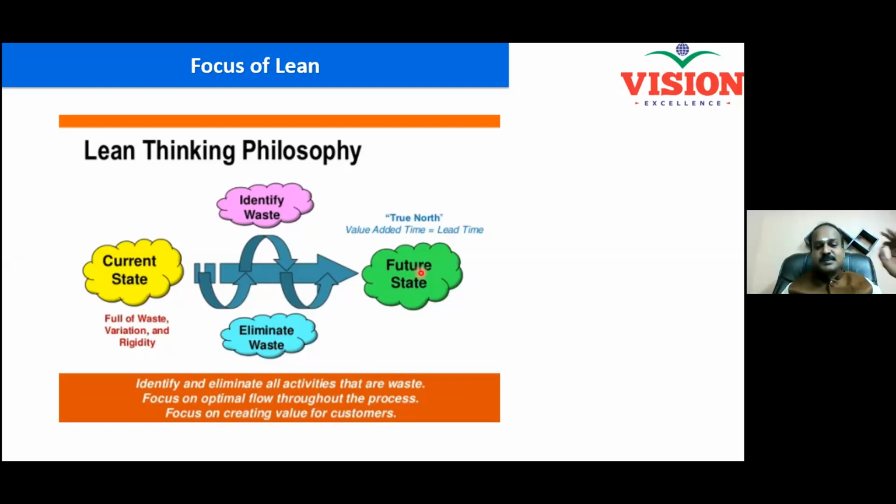If you simply focus on improving the result, your result will be zero. So before improving the quality, make sure you eliminate all the unnecessary activities. Unnecessary activities are nothing but the wasteful activities. So lean is all about identification and elimination of waste.